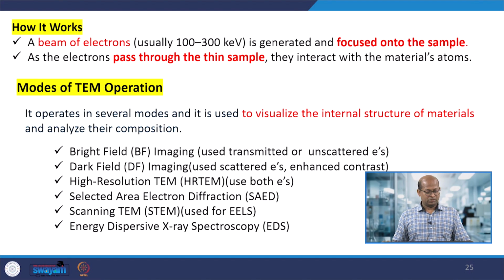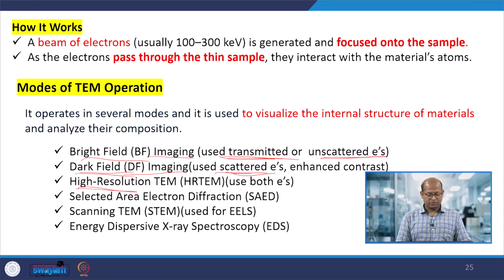And the modes of TEM operation: there are many ways we can operate to visualize or get the internal structure of the materials. Bright field imaging, in this case only transmitted or scattered electrons are used. Dark field imaging, here scattered electrons are used to get the TEM image.